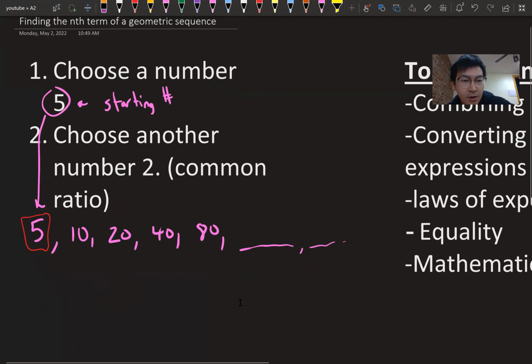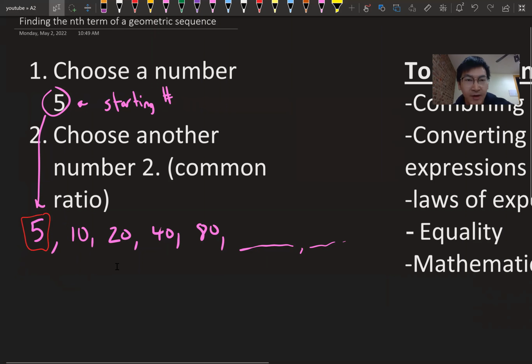It's a special kind of sequence where you have a list of numbers in order, and to get the next one, you multiply by this. Equivalently, between any two consecutive terms, the next one divided by the previous one is equal to a constant.